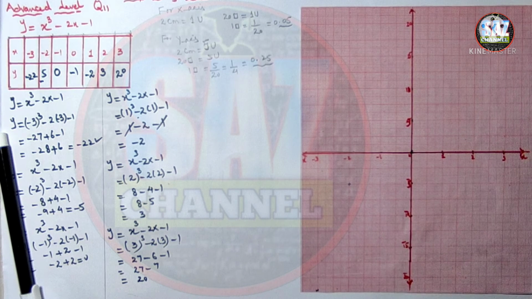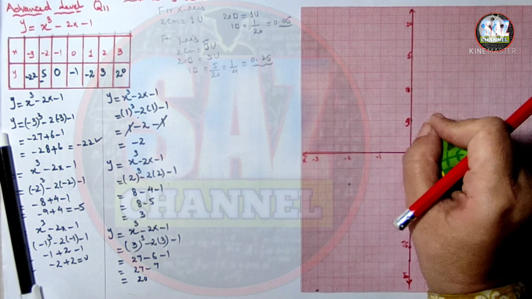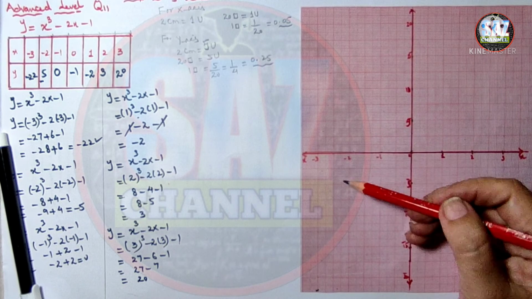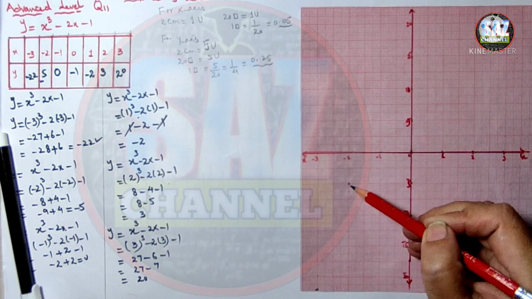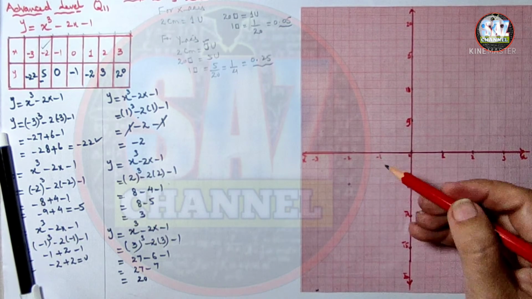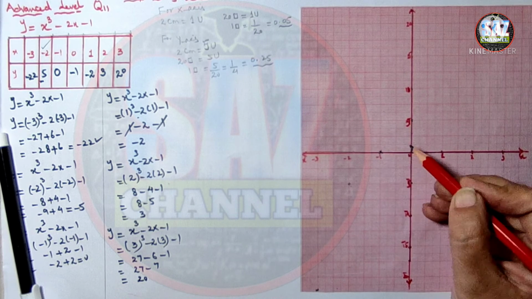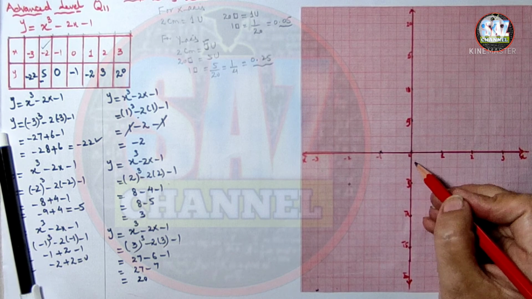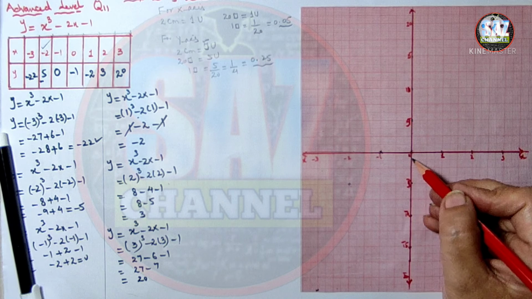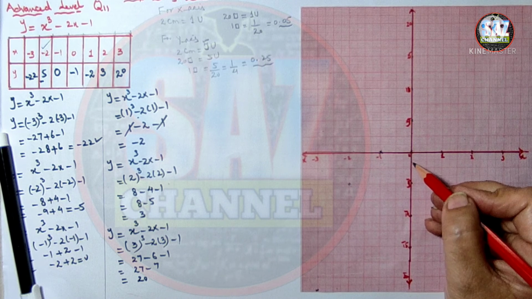Okay, let me go slow. Minus 2, minus 5, and then minus 1. When x is minus 1, y is 0, so the point will be coming over here. For x equals 0, y is minus 1. How many blocks do we need to cover?